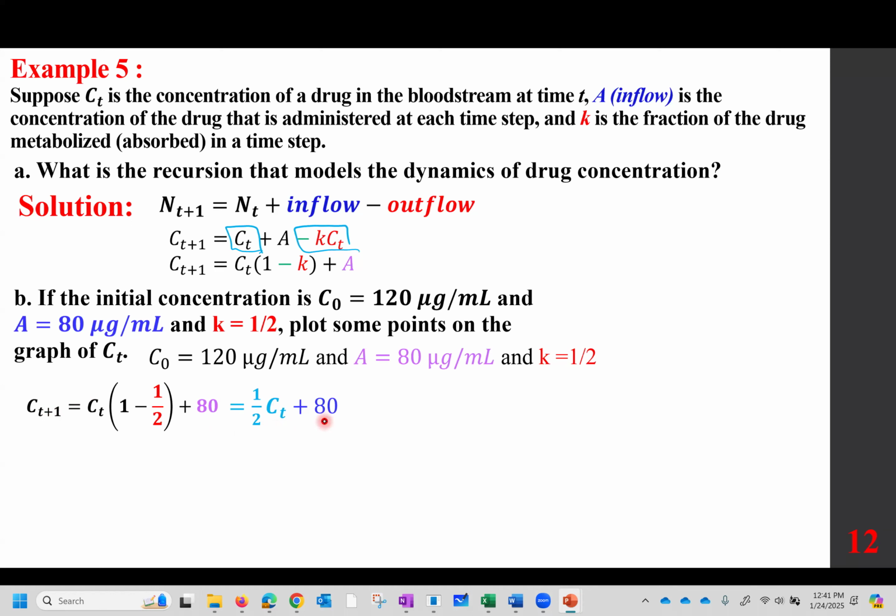So if I'm interested in C sub 1, because C sub 0 is given, then C sub 1 is half of C sub 0 plus 80. According to this formula, C sub 1 is half of C sub 0, which is half of 120, which is 60, plus 80 is 140.